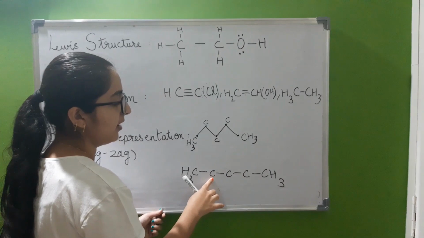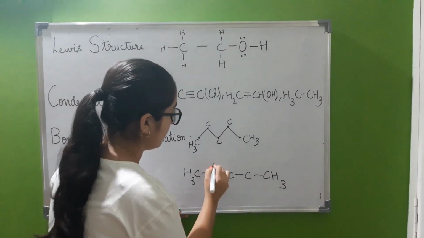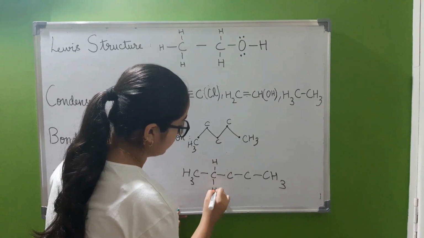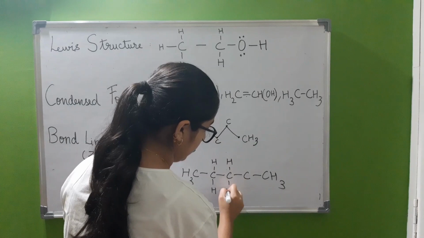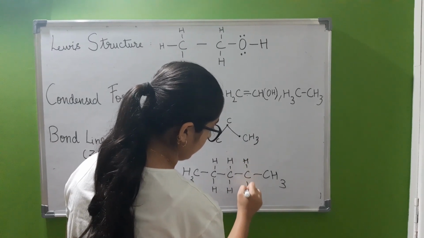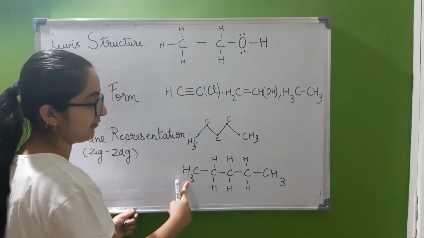Now we all know that carbon has a valency of 4, but here there are only 2 bonds formed. So I add another 2 hydrogens attached to it. The same way for this carbon too. Here its valency is already satisfied, and here also the valency is already satisfied.